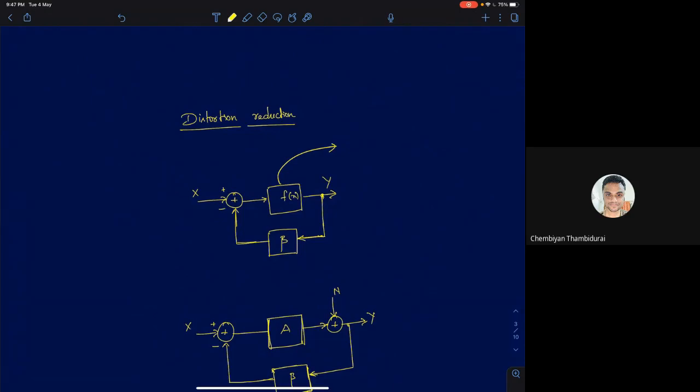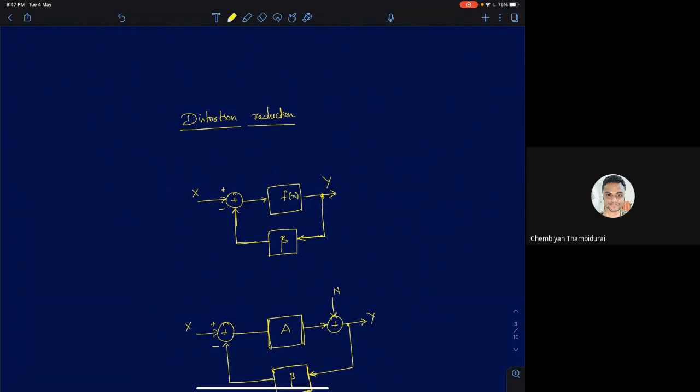In a vacuum tube amplifier, in the zeroth order model, the current and voltage are related by power 3 by 2. In case of a BJT, it's an exponential device. Current is proportional to exponential of voltage applied across the base emitter junction. And in case of a MOSFET, it's a square law device. So these are nonlinear functions, but we are trying to build linear circuits using them, and the linearity conditions hold true for small signals.